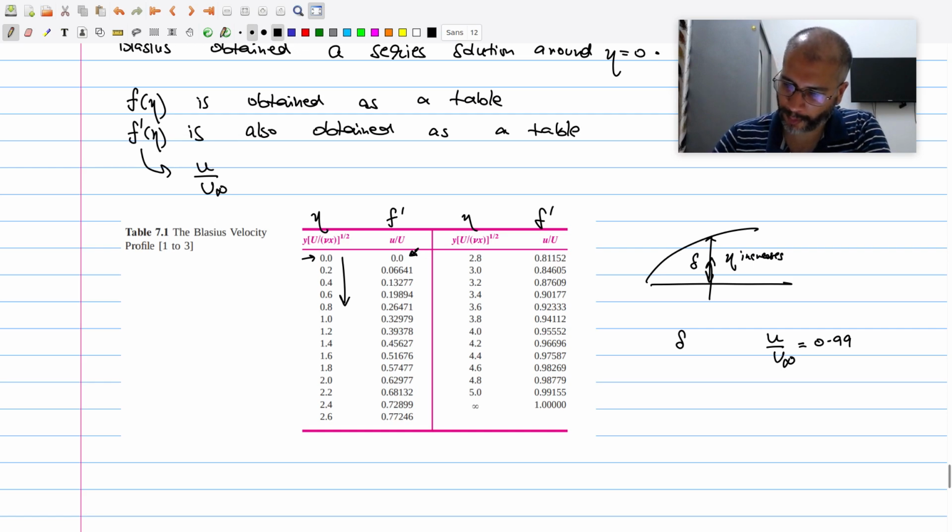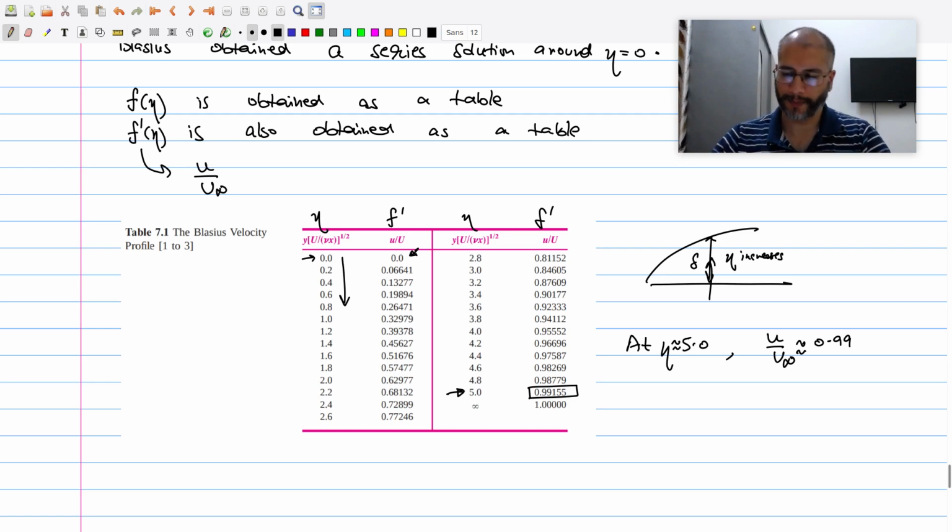So if I look at 0.99 for f prime, this happens here, because just above that we had 0.98. So at eta equal to 5.0, we get u by u infinity approximately 0.99, and this is also approximate because it's an infinite series solution. So we have numerically calculated that infinite series to as much precision as possible. Okay, so this is what we obtain.